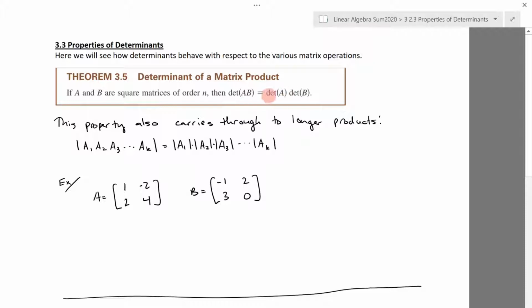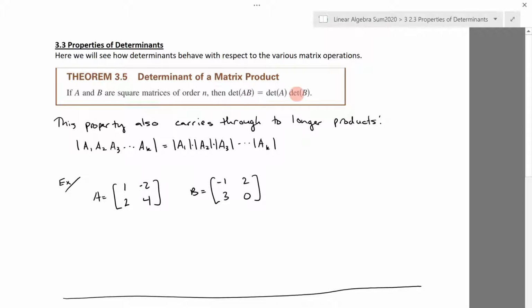In the case where the determinant is non-zero, both matrices will be non-singular, and for non-singular matrices you can write them as the product of a bunch of elementary matrices.